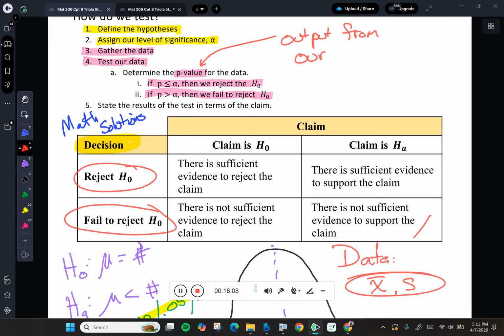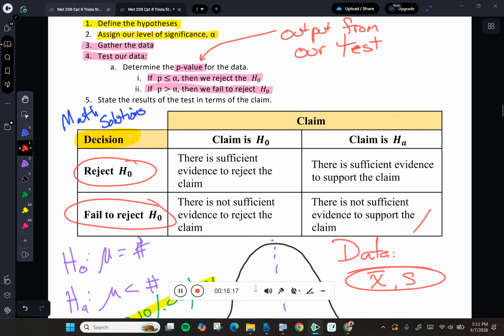The output from the test is a p-value. If the p-value is less than or equal to alpha, we reject the null hypothesis. If the p-value is greater than alpha, we fail to reject the null hypothesis.